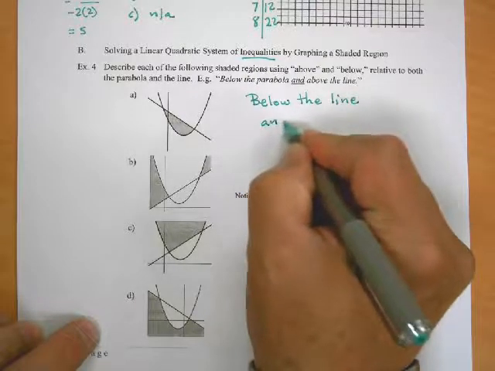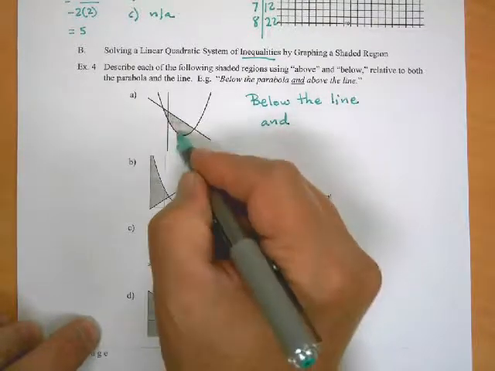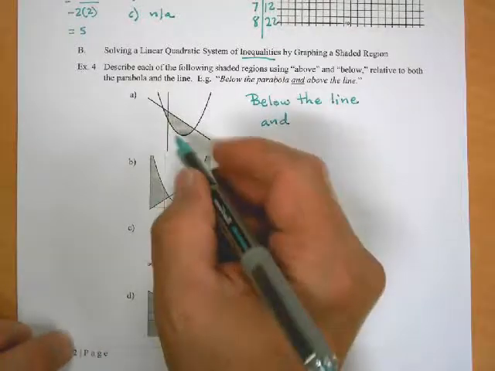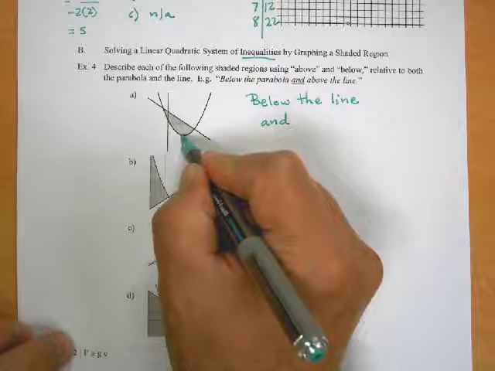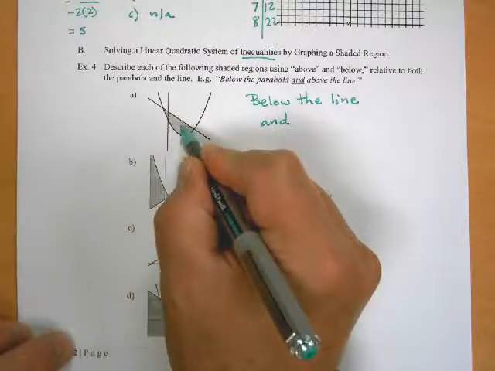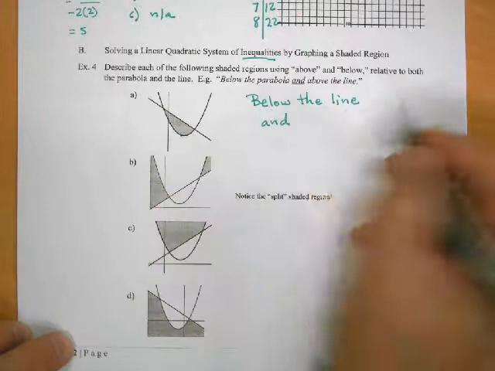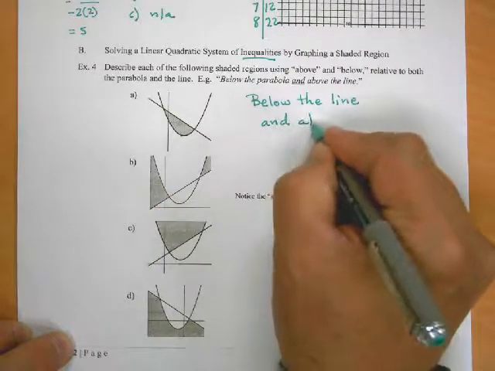And above the parabola. And if you have any doubt about that, put your pen on the parabola and decide whether to get into that shaded region you'd have to go up or down. In this case, you'd have to go up, so it's above the parabola.